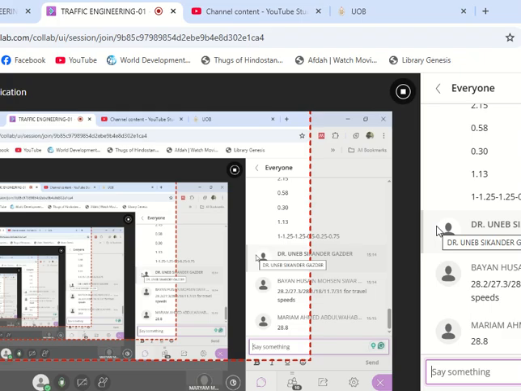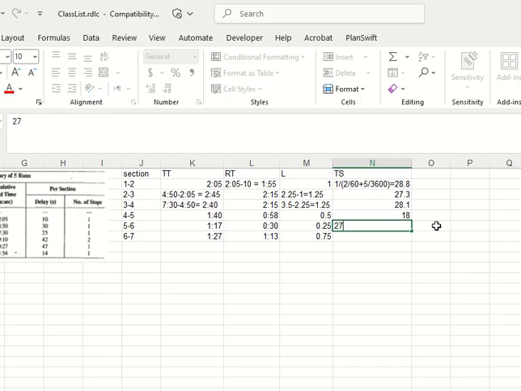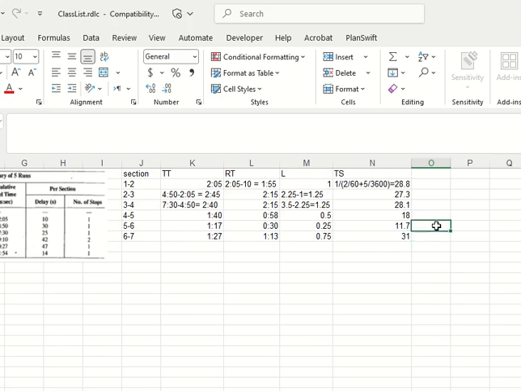Okay, 27.3. 28.1, 13, 18, what? How much? 11.7, okay, and 31. Okay, for the running speed, you'll do the same thing.